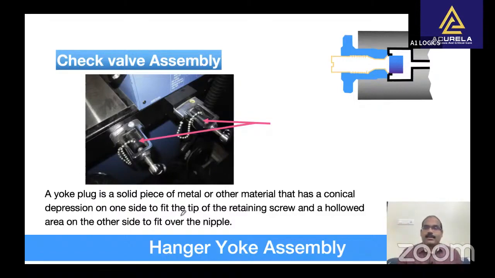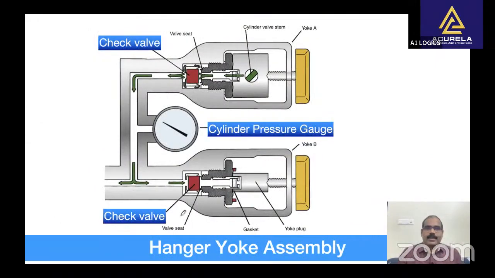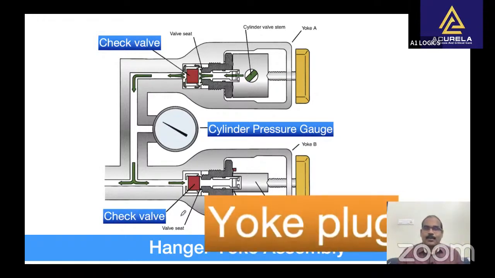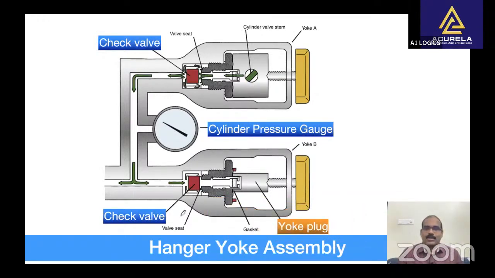Manufacturers often chain the yoke plugs to the machine. Here you can see the yoke plug, which is independent of the pin index system, occupying the empty cylinder slot, guarding against possible escape of gas from the system.